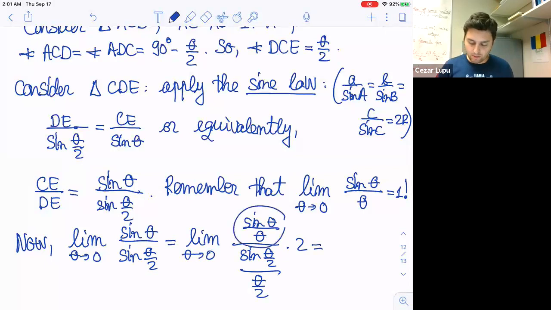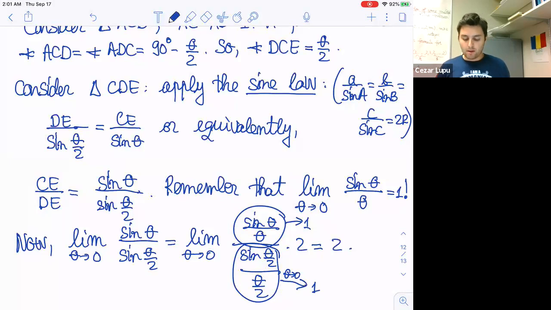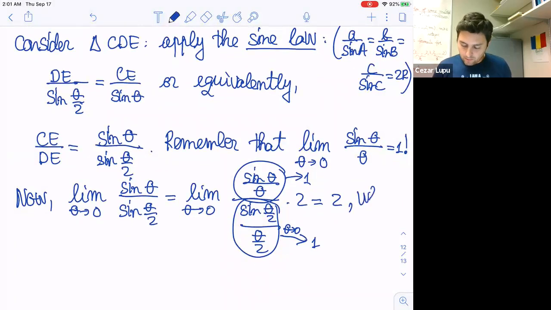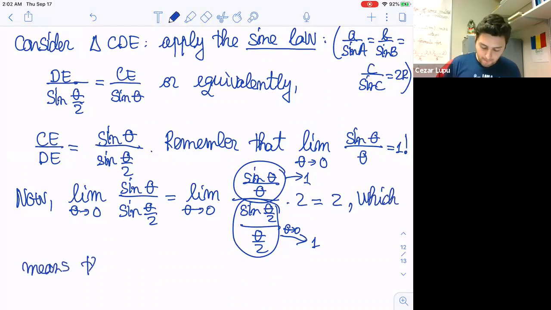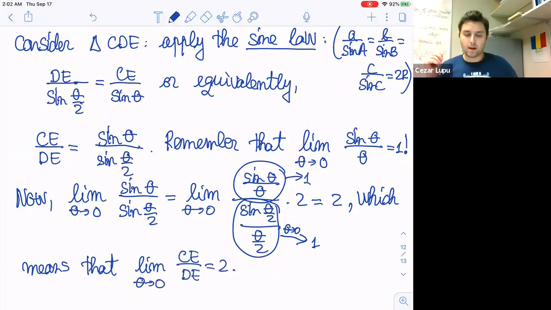Keep in mind that the limit of this will be 1, and also the limit of this as theta goes to 0 will be 1, right? So this will be 2. Which means that the limit as theta goes to 0 of this ratio CE over DE is 2. That's great.